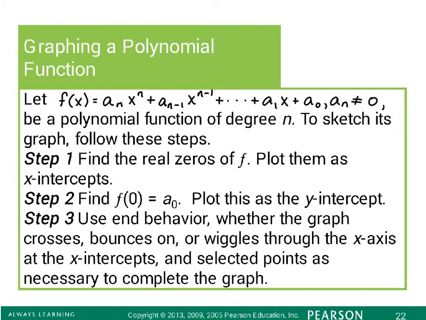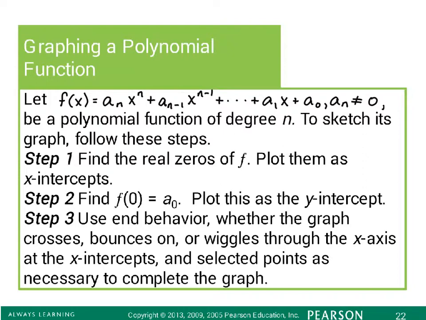Here are some steps of how we're going to sketch graphs of polynomials. Step 1, we're going to find all the real zeros of the function, and then we're going to plot them on our x-axis. And step 2, we're also going to find the y-intercept, and then plot that on our y-axis. And then step 3, we're going to use end behavior to determine where it begins and where it ends.